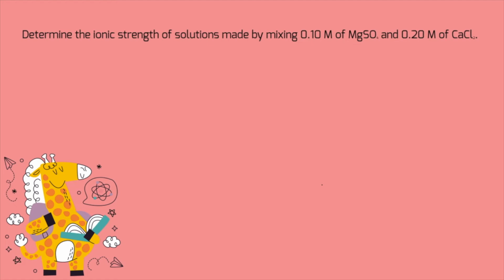So I'm going to explain how you can know what ions you will get when MgSO4 is dissociated, as well as CaCl2. I'm going to start with MgSO4. If you can't remember the charge for SO4, you can always recall your sulfuric acid, H2SO4.